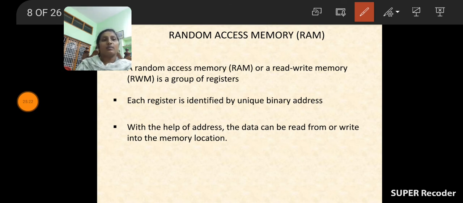Like that, memory means a group of memory locations. To reach a particular memory location, addressing of the location is very important. This address helps us to read the data from one particular memory location or to enter the data into that particular memory location. Is it clear? So this is the need of addressing.